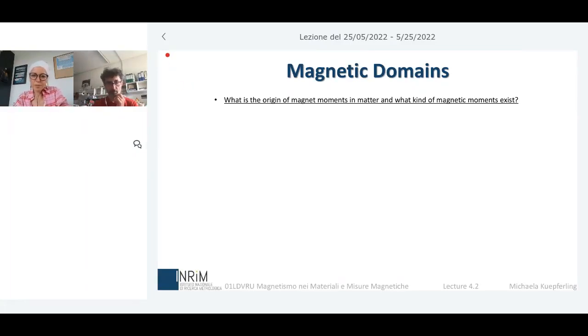Okay, so first question: what is the origin of magnetic moments in matter and what kind of magnetic moments exist? Please, if somebody wants to reply to this.